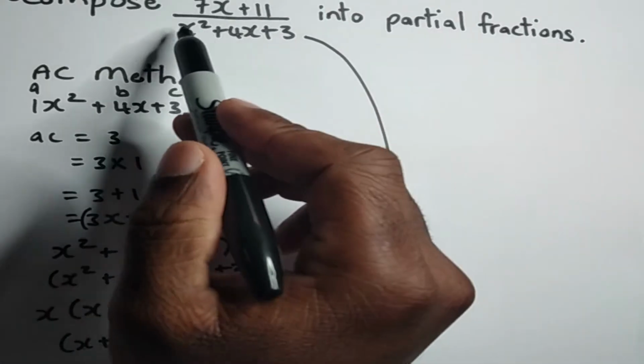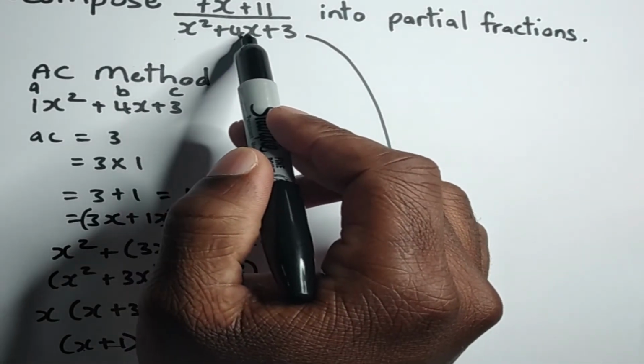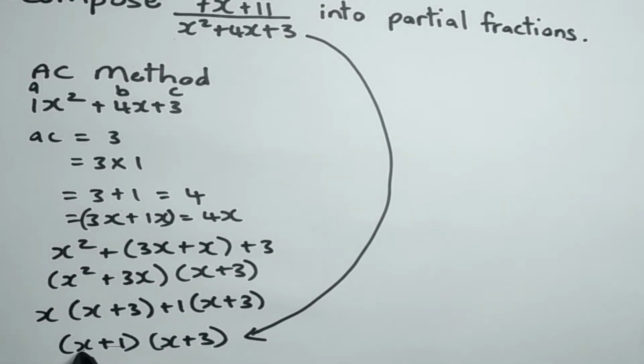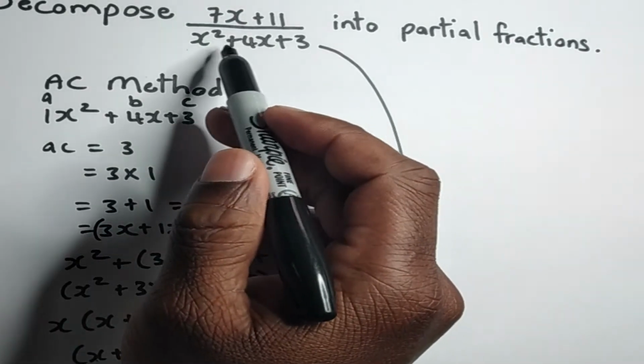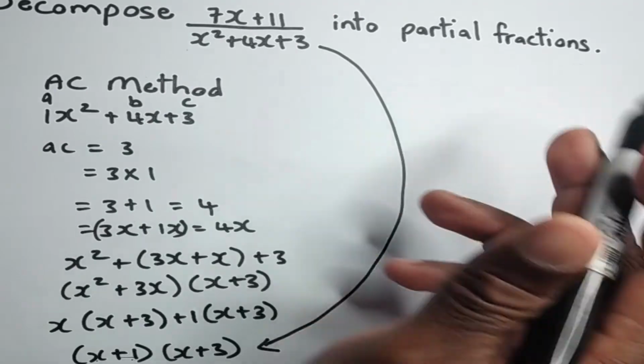So we can rewrite x² + 4x + 3 as (x + 1)(x + 3). These are the factors of x² + 4x + 3.